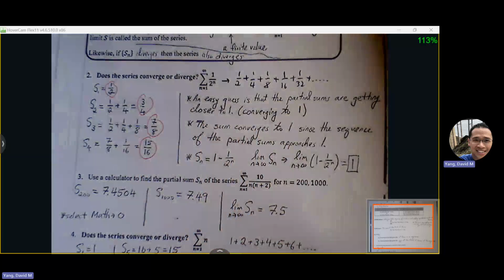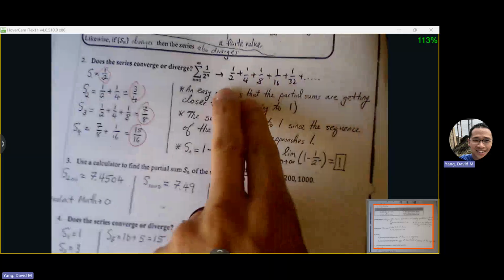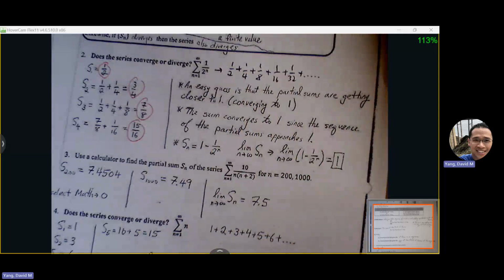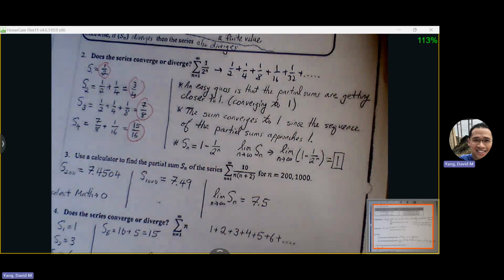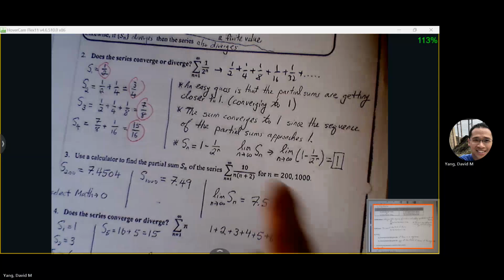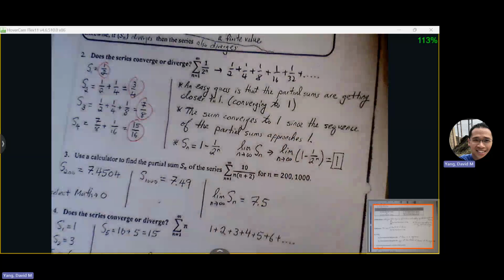So an easy guess is that the partial sums are getting closer to 1, which means that if I were to add up all these infinite number of terms, it should approach 1. This is just a strategy to use partial sums to give us insight as to what's happening to the series. So here the sum converges to 1 since the sequence of the partial sums approaches 1.